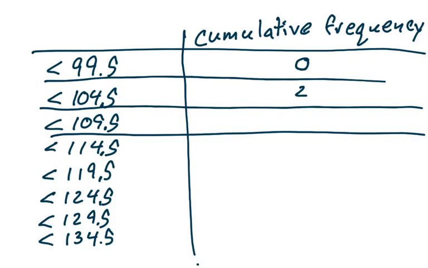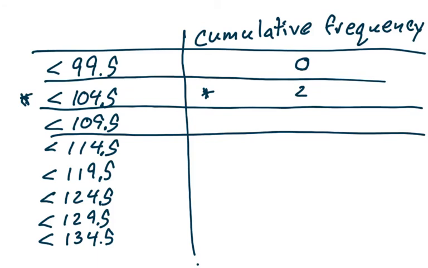How many are there that are less than 109.5? We could go to our original data set and count them all up, but if we've already constructed a grouped frequency distribution, we can simply say there were 0 less than 99.5, and there were 2 that were less than 104.5.